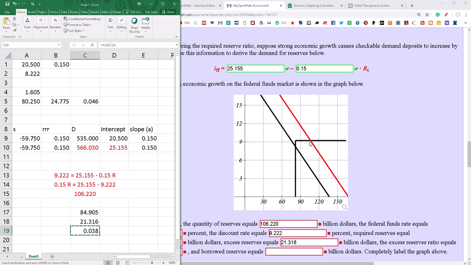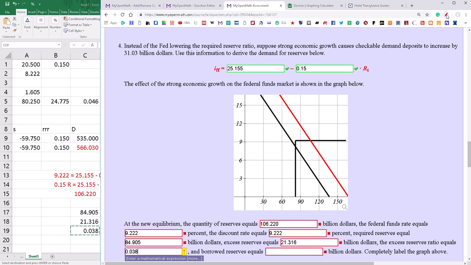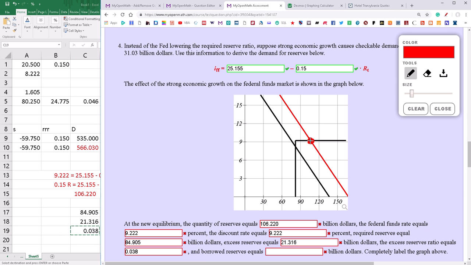Now, at the moment that demand shifts out to here, the difference between this value and that value is discount loans. So at this moment, this difference is discount loans, DL.